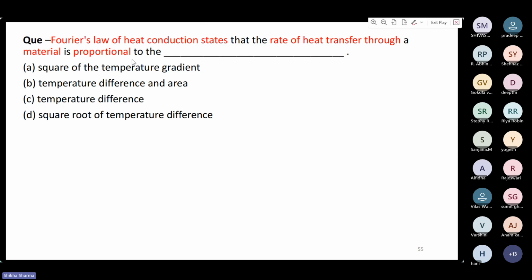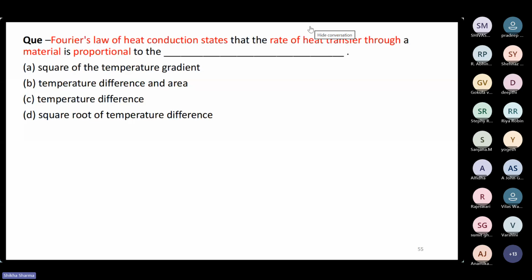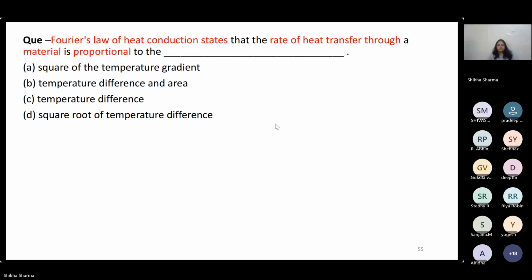Let's move to the next question, about Fourier's law of heat conduction. It states that the rate of heat transferred through a material is proportional to the blank. So what is Fourier's law of heat conduction? Anyone who knows about it?